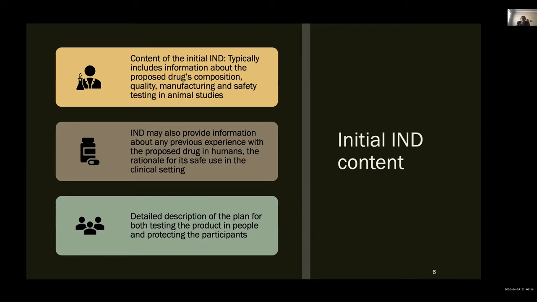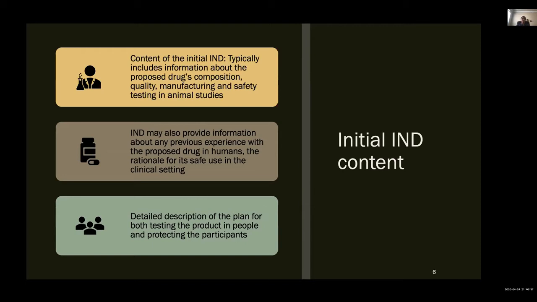In the big picture, the IND content typically contains information about the proposed drug's composition. There's a lot of quality information that goes in, and also all the manufacturing processes and data, and of course, the key is the safety testing from the preclinical studies.